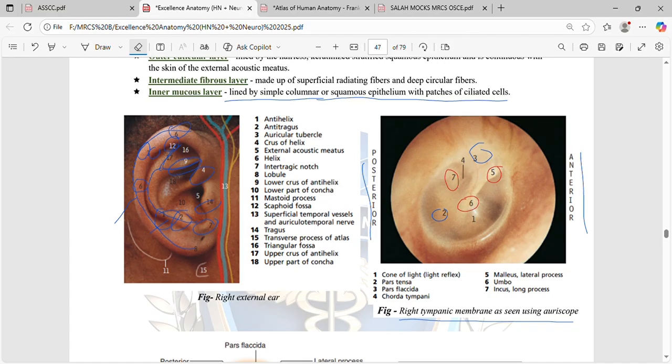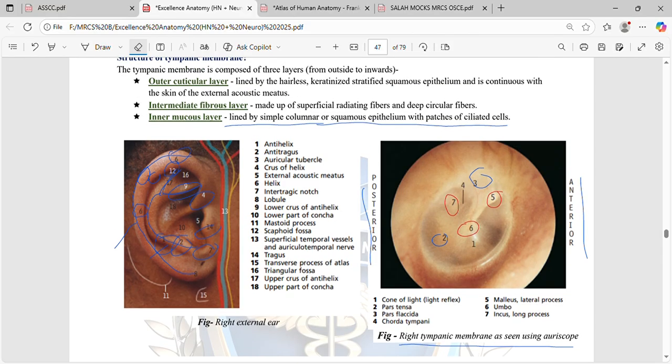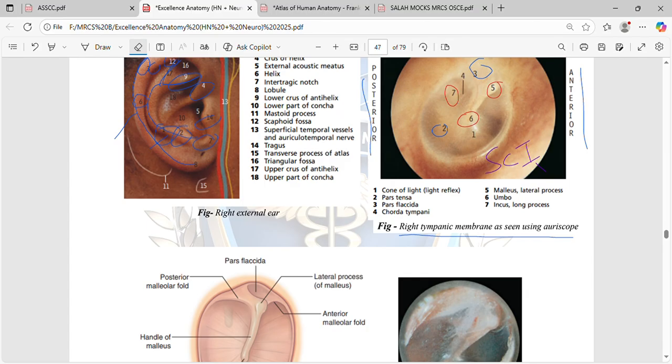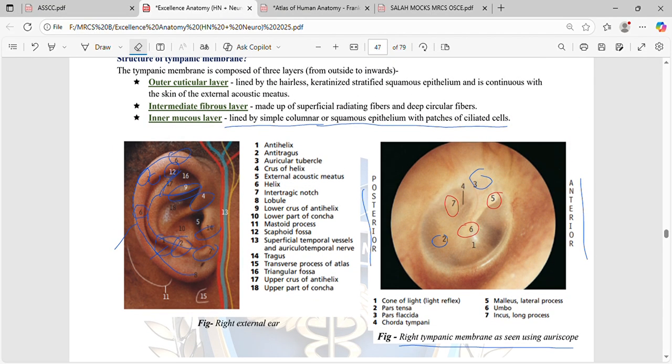You can remember it by the mnemonic MIS. Sorry, the other mnemonic I mentioned is for something else; I will tell you later. But here we have MIS: malleus, incus, and stapes.